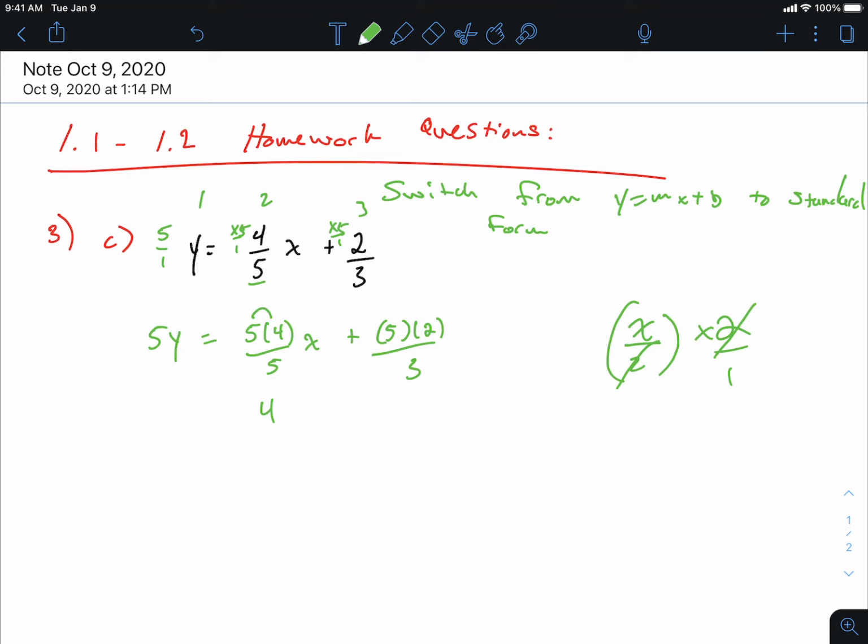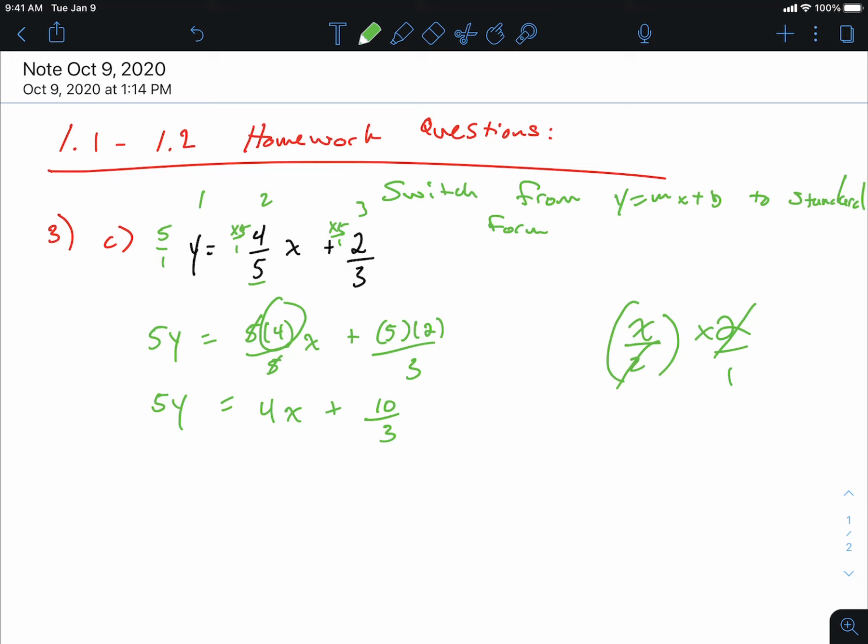But if you see something like this, the whole point of this was to get the 5s to cancel, and you're left with just the 4. That's the fast way of doing it. So you get 5y is equal to 4x plus 10 over 3. Okay, still got one more fraction to deal with, right?